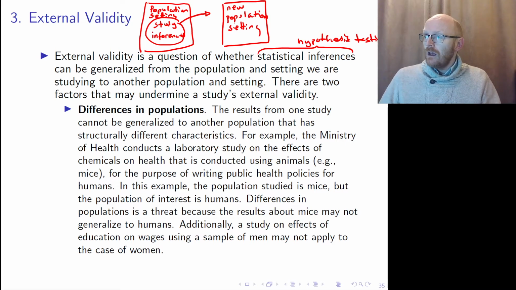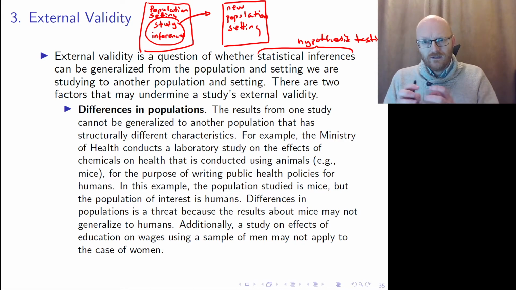So there are two factors that may undermine the study's external validity, and one is the differences in populations. If the new population has a structurally different characteristic than the population from which you got data, then the transfer of your model is not straightforward.